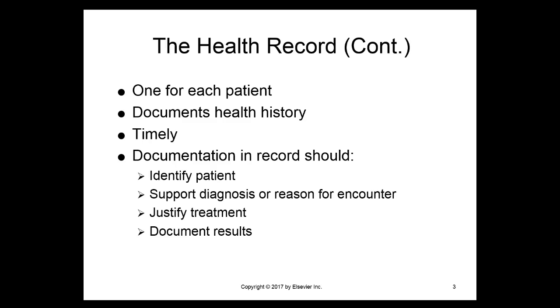But every time they come in for services, they get a new account number, and the charges that are associated with that encounter are actually attached to the account number for each visit. And so each account is separated, but we maintain one health record for that patient by medical record number.